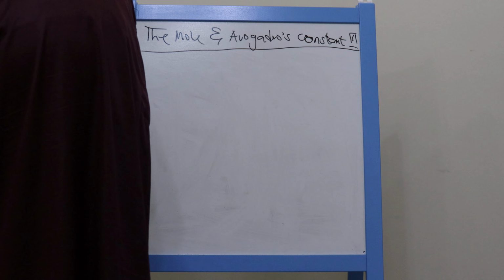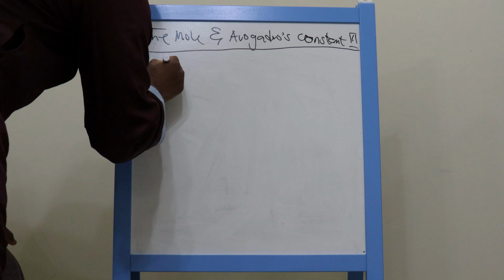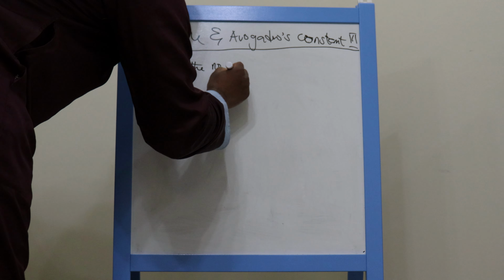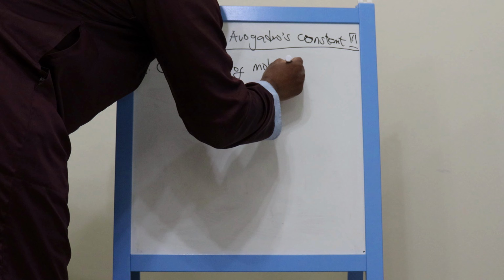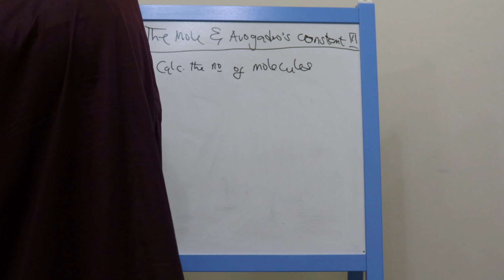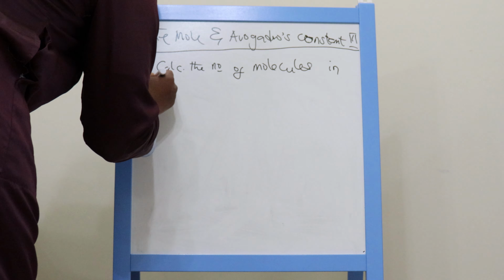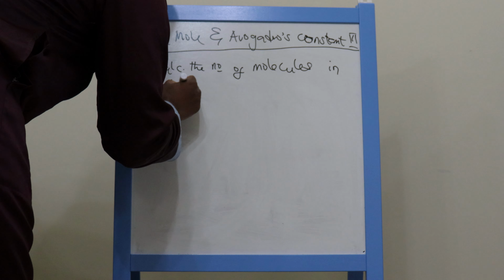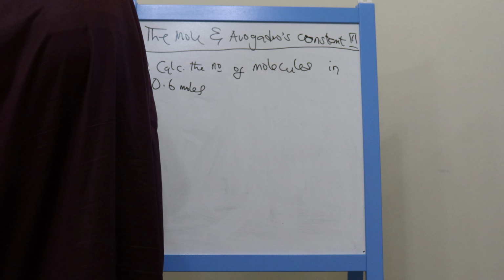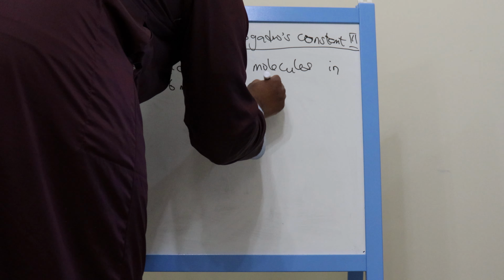And the example is: calculate the number of molecules in 0.6 moles of H2S.